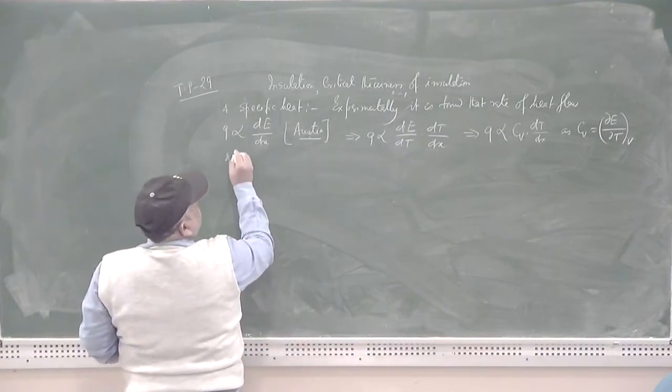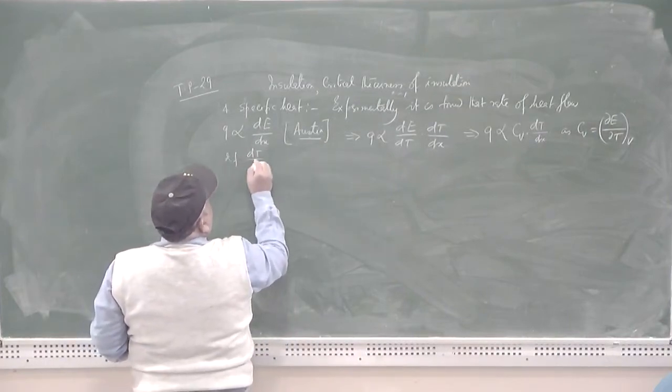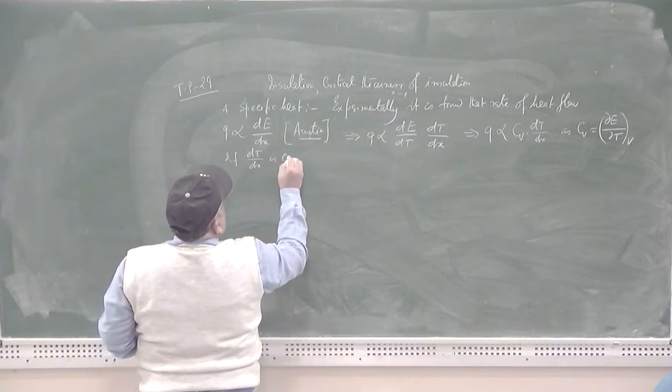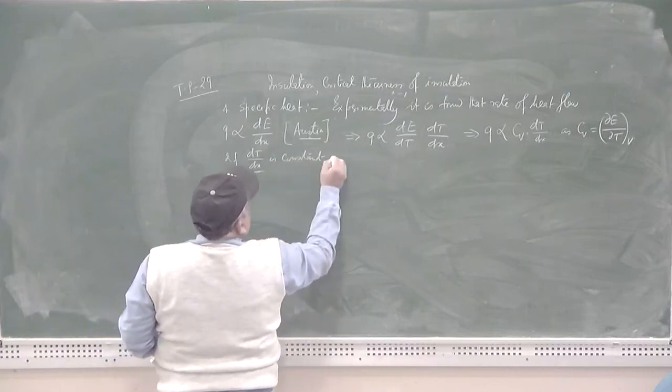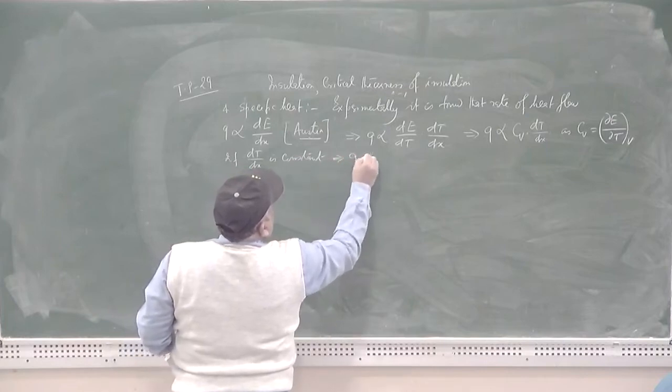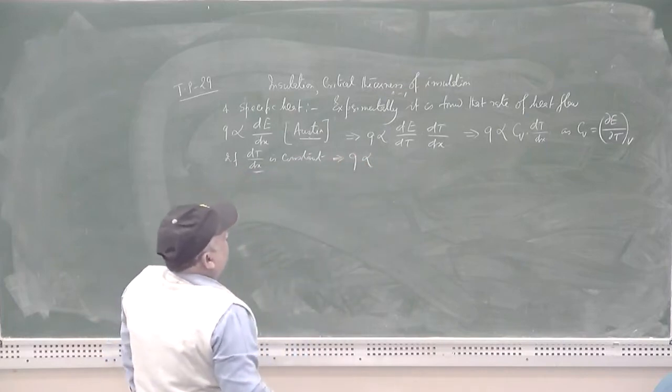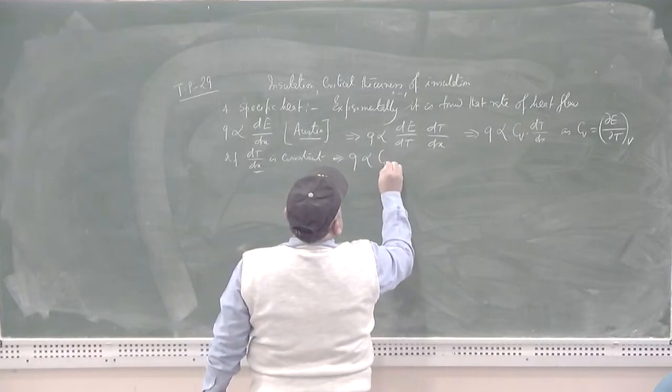If the temperature gradient dT by dx is treated as constant, then Q, the rate of heat flow, is directly proportional to Cv.